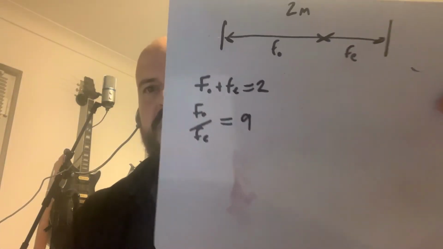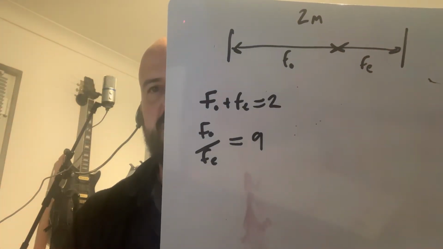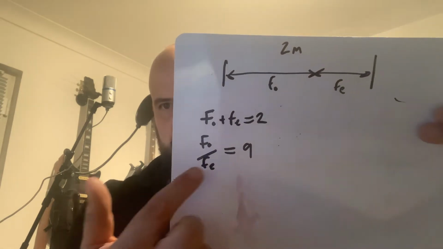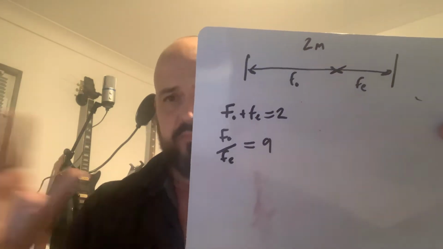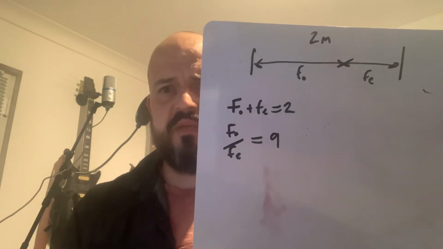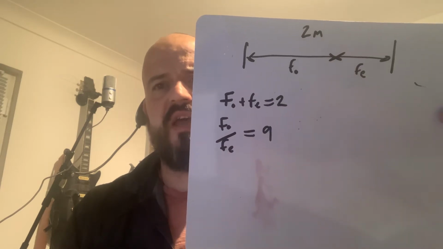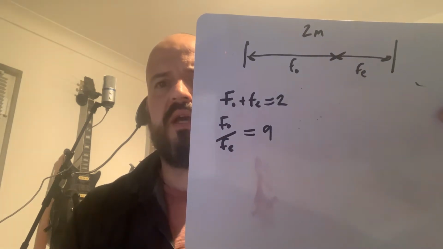That's a formula that you should know from doing the topic. FO over FE gives you the magnification, which is 9. So I've now got these 2 equations, and there's a couple of ways of doing this, but I'm going to look at the bottom one and get an expression for FE, and I'm going to sub that into the first one.